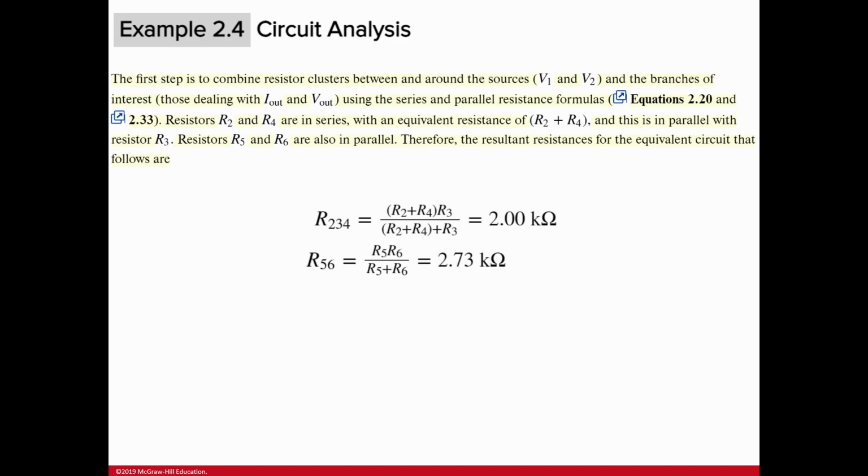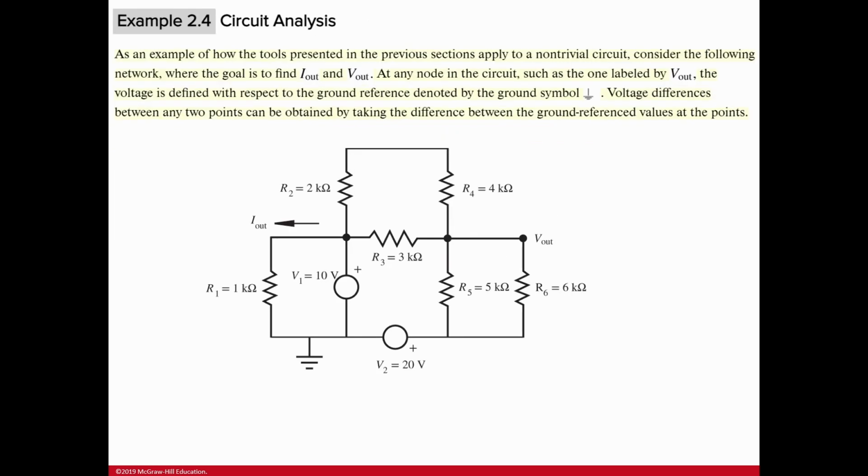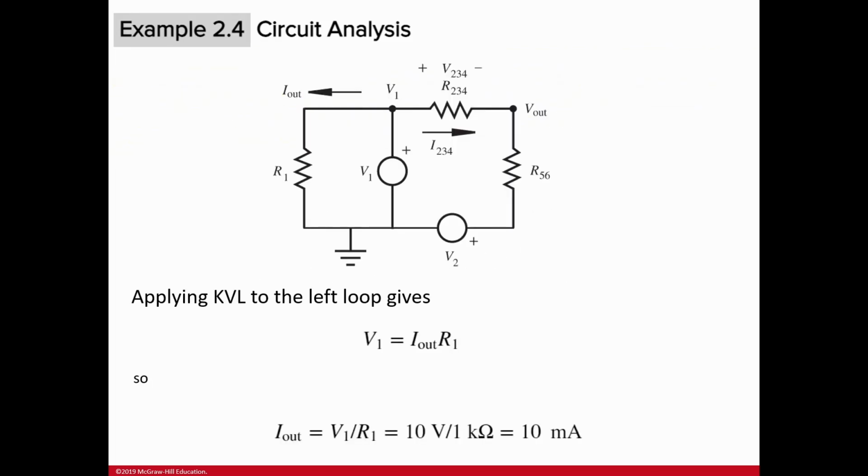This is the equivalent resistance. After that, since we got R234 and R56, we can simplify the circuit like this. So this is clear. And again, there's no problem to calculate IR because IR is simply V1 divided by R1.